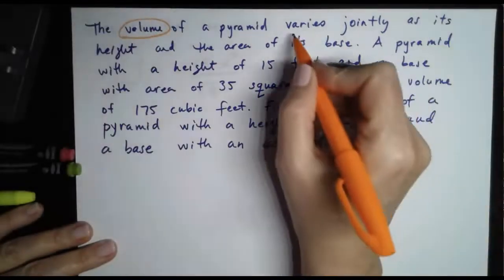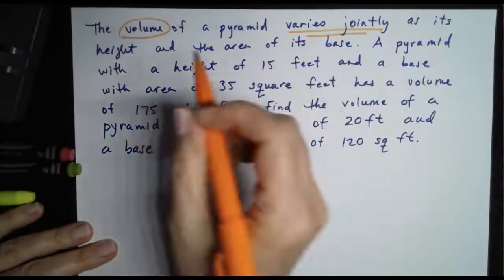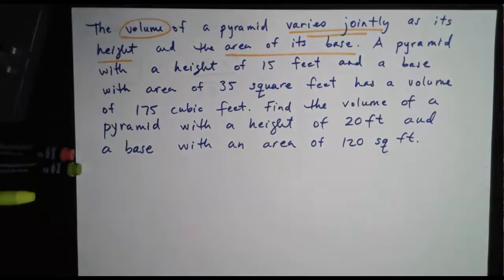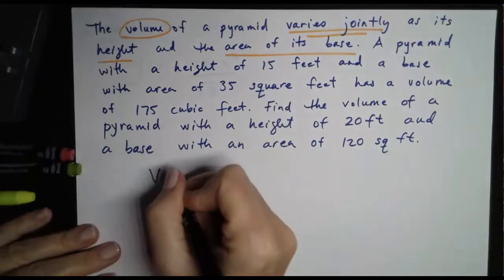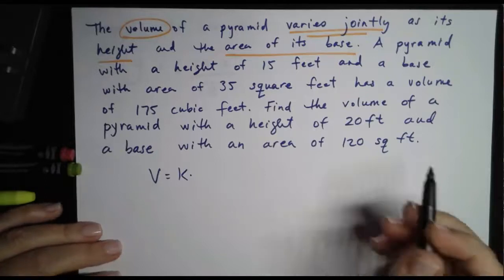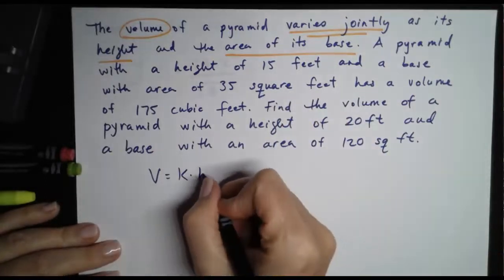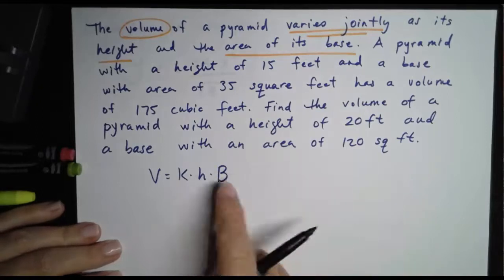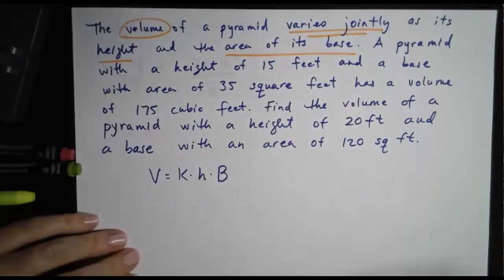The volume varies jointly as its height and the area of its base. So volume varies jointly. Remember, joint variation is all multiplication. So varies jointly as its height and the area of its base. Normally we say that that is big B when we're talking about the area of its base.